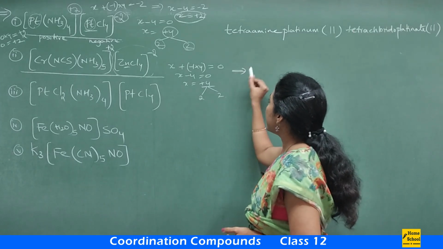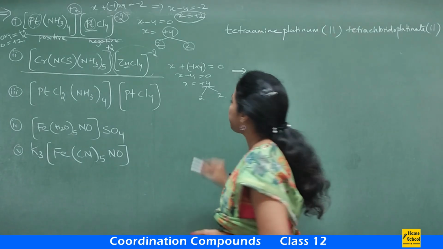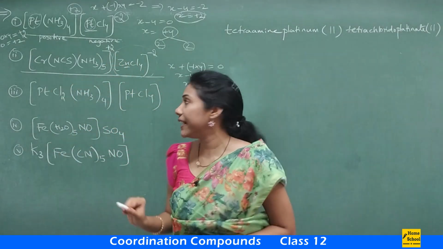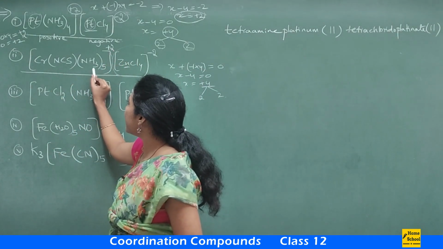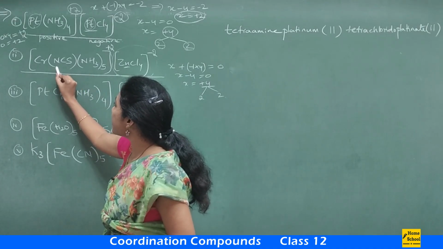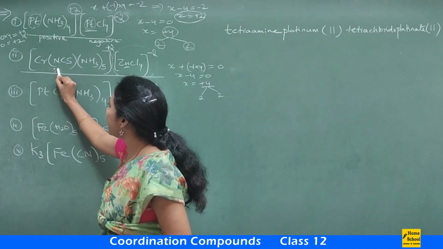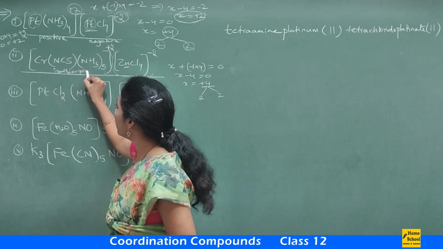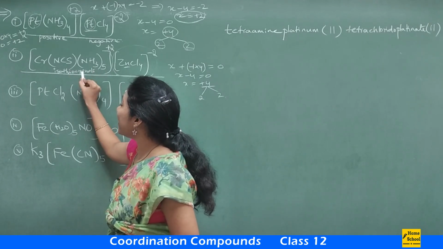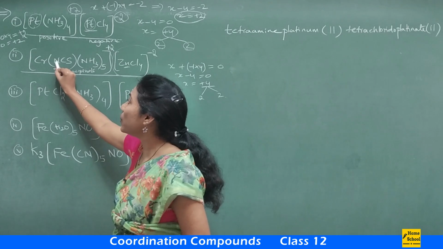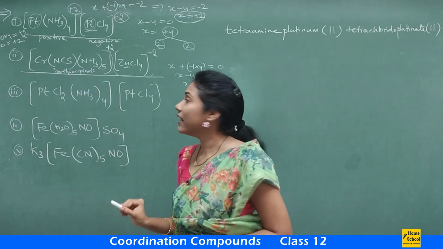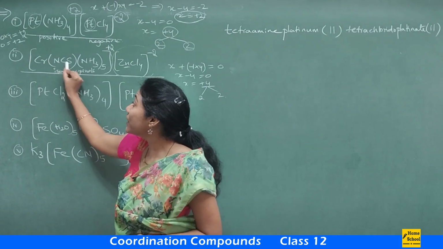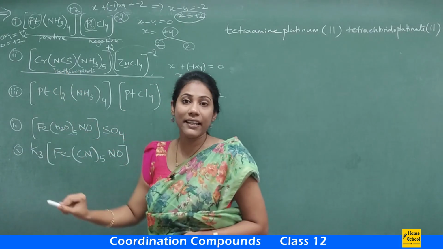Now let us try to write the name. Look over here, the positive part's name we have to write first. Let me start with the ligands' names. This is the isothiocyanato ligand, or you can write it as thiocyanato-N, a linkage ligand, right? You can write this as isothiocyanato or thiocyanato-N.